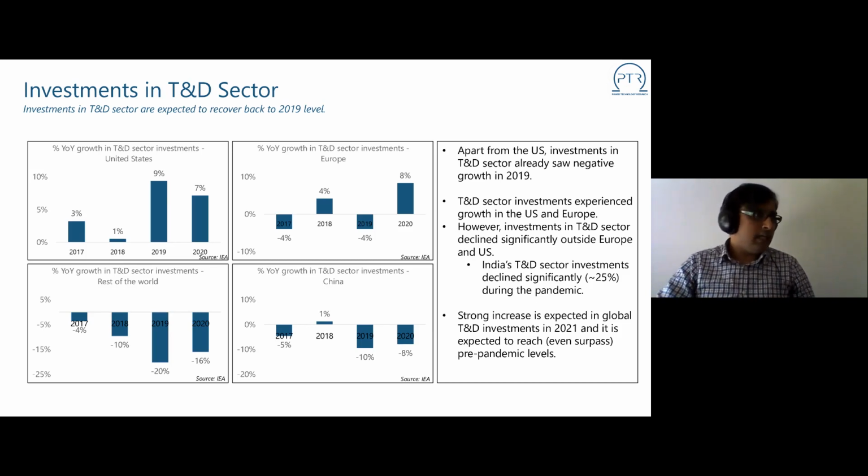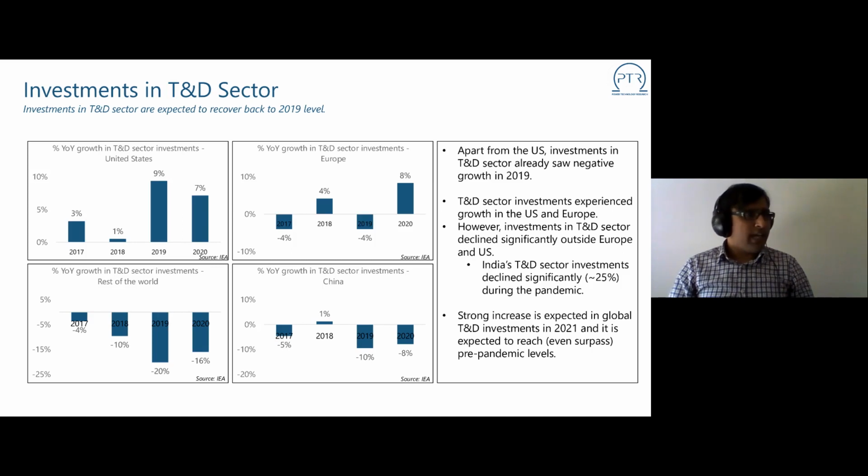As you see in the rest of the world market, that's where we have all the markets covered beyond US, Europe, and China, there was a 20% decline in the total T&D investments. And this was basically a result of the overall economic slowdown during the year as well. And a lot of the utilities were revamping, or let's say reanalyzing, their plans of grid expansion going into 2020. So hence there was already a decline of 20% in the total T&D investments.